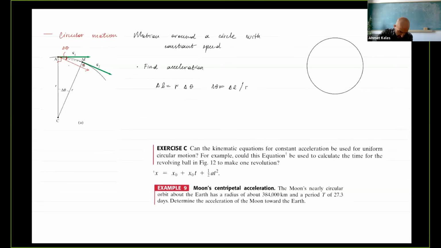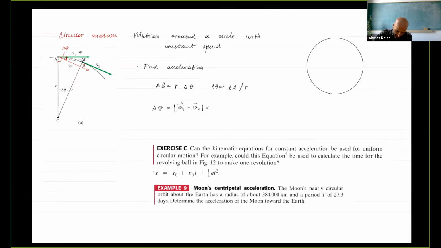Let's call all the magnitudes of velocities V. This is V, this is V, so this is a triangle with equal sides. And I know this is a triangle with equal sides too. Since this is delta theta and this is delta theta, these two triangles are similar, scaled up versions of each other. So from this, I can write something like this. This delta V is the magnitude of V2 minus V1.